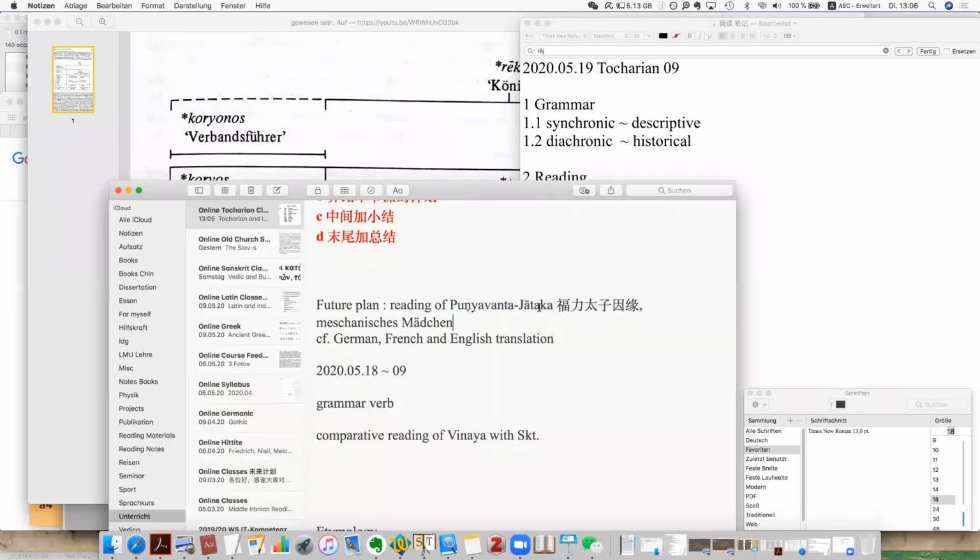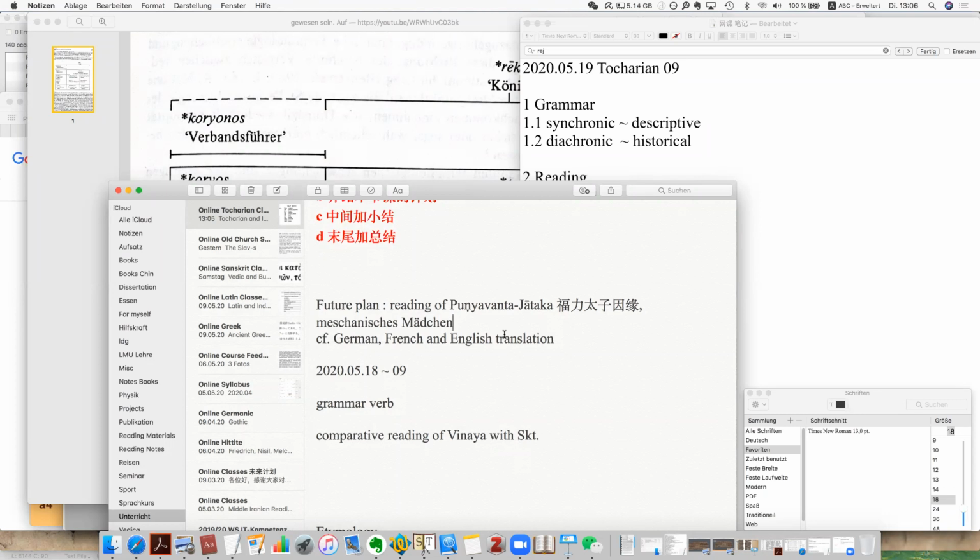This is actually a collection of different stories. Among these, there's a very famous one called Mechanisches Mädchen, the mechanic girl. We have already watched a video of a movie made from E.T.A. Hoffmann's fiction called Der Sandmann.